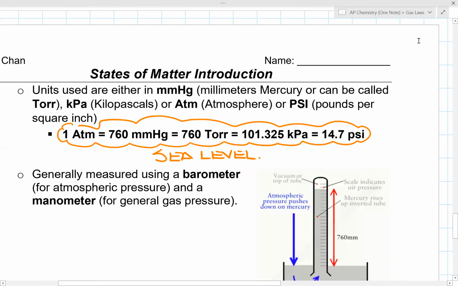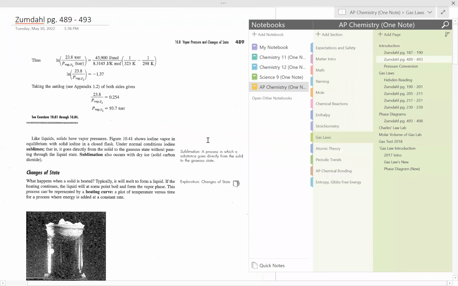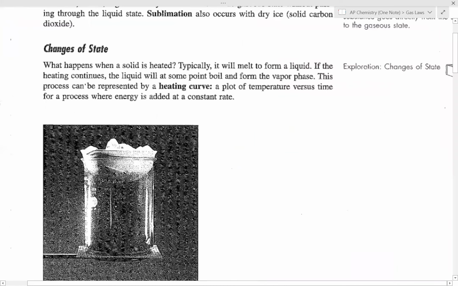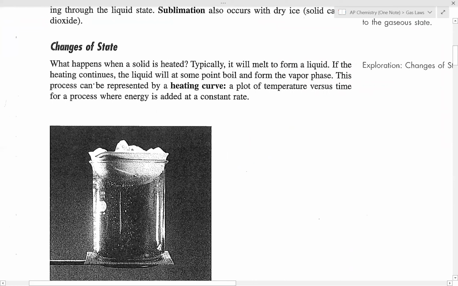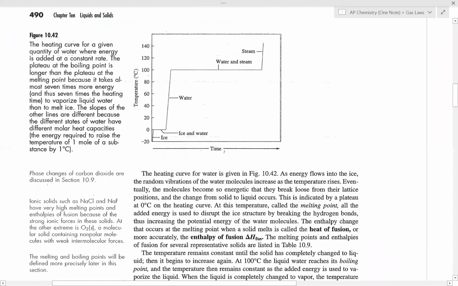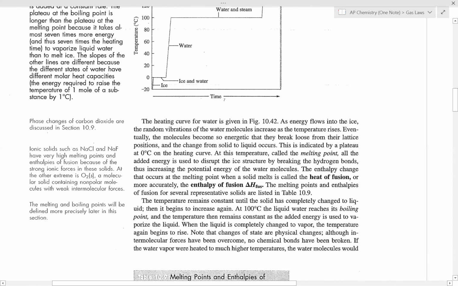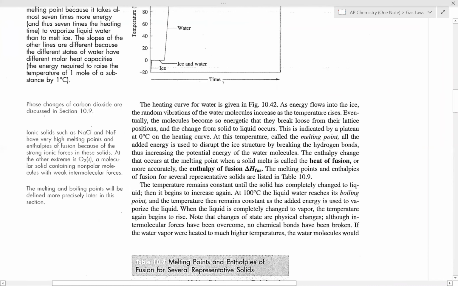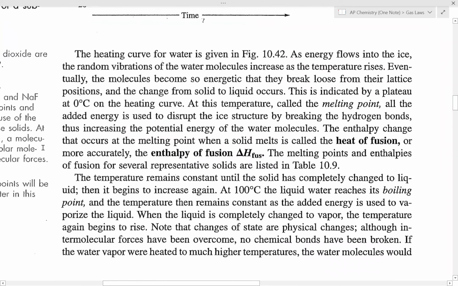The other thing I would like you to be aware of is if you turn to page 489 in your textbook, it talks about the change in state. And if you take a look on pages 489 and 490, they do talk about the phase change for water. Now, one thing I would like to highlight on page 490 is this paragraph here, where they talk about the enthalpy change that occurs at the melting point when a solid melts, which is called the heat of fusion.